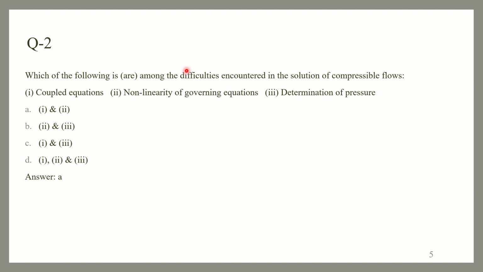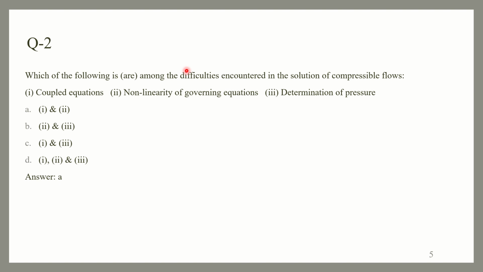So we would have ∂/∂x of ρuv and ∂/∂y of ρv². If it is an x momentum equation, we would have ∂/∂x of ρu². Here we cannot take out ρ because it is a compressible flow system. And the second term would be ∂/∂y of ρuv. Here we are considering only a two-dimensional system.